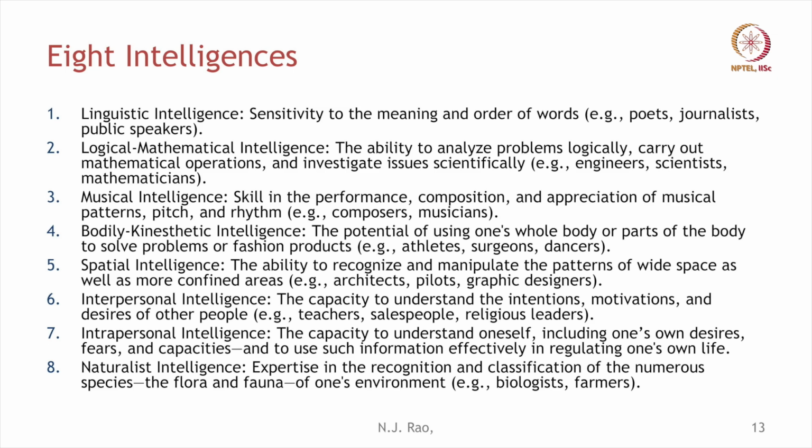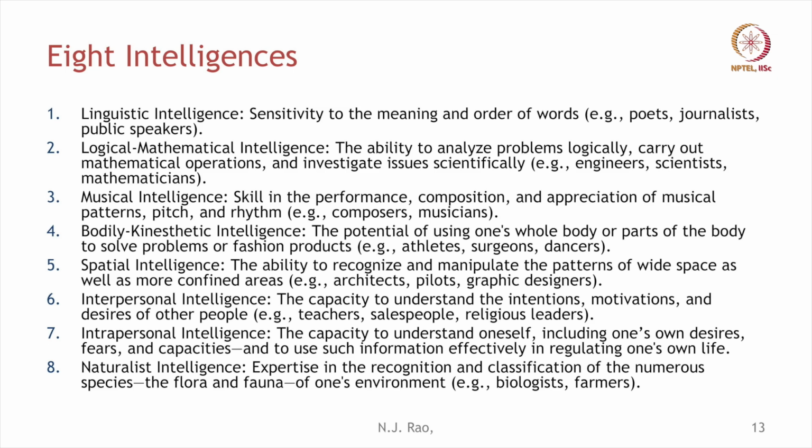Now, one can say, why not add more intelligences? What Howard Gardner says, there can be more, but based on the kind of knowledge that comes from very detailed work over several decades in neuroscience, they have been able to identify some specific regions in the brain where these intelligences can readily reside.